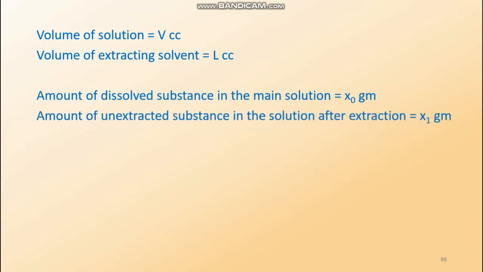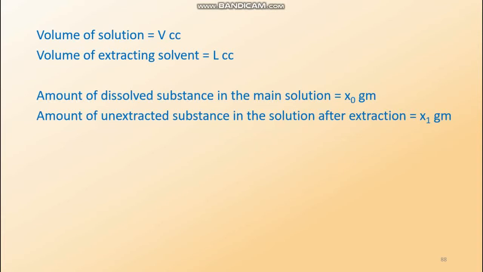If you shake this V cc solution with L cc of the extracting solvent, chloroform, then some iodine will go into chloroform and some will still remain present in water. That amount is x1 gram.